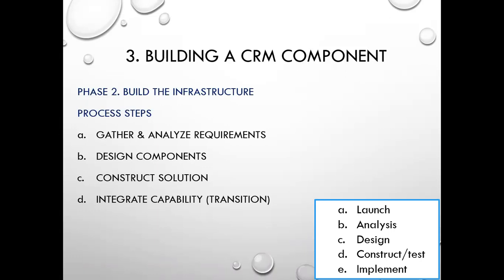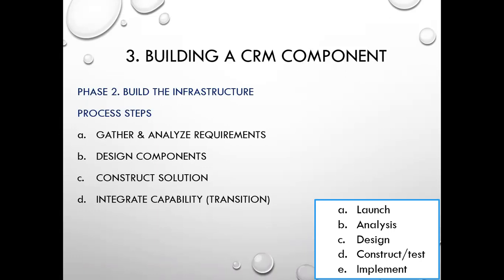In a program life cycle, you have the second phase, that is build the infrastructure. We have four phases in the CRM program life cycle. The first one is develop strategy, that we have also discussed, and the second one is build infrastructure.